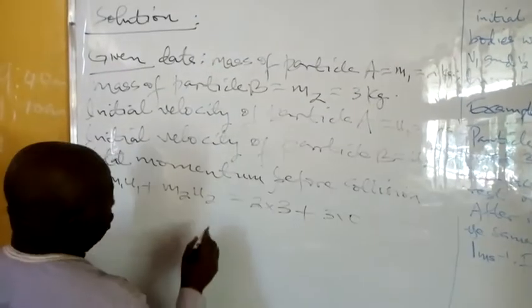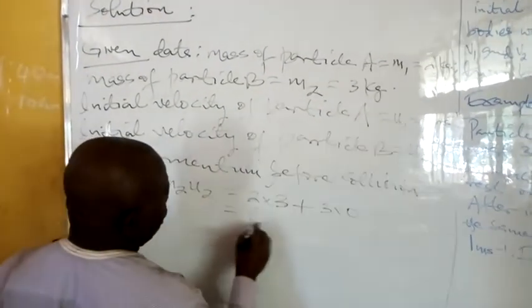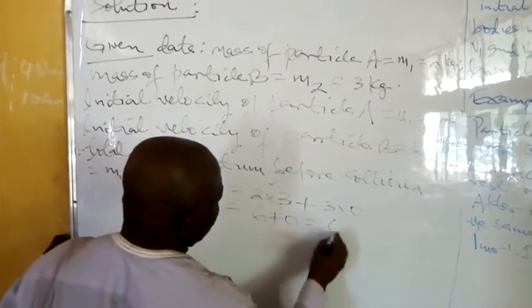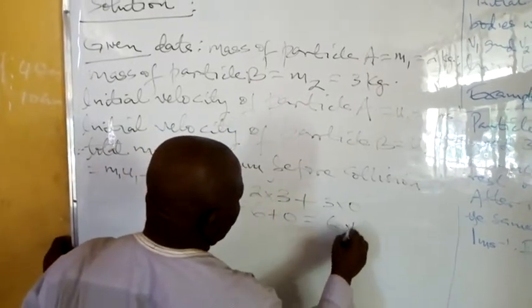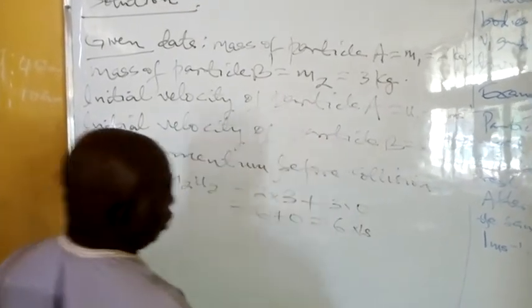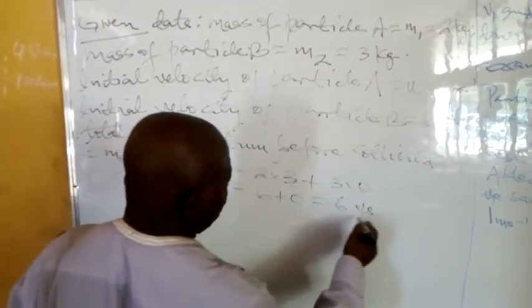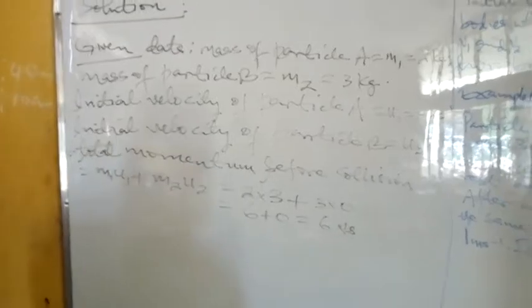So, the total momentum before collision is 6 plus 0, which is 6 Newton seconds. The SI unit of momentum is Newton seconds. That is the total initial momentum before collision.